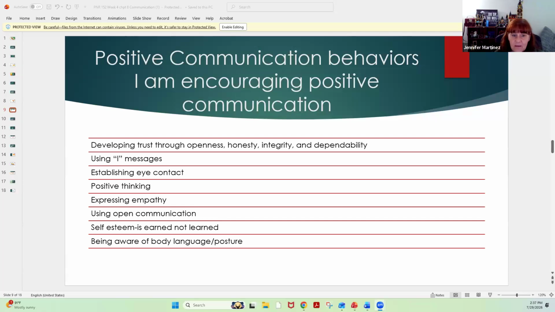Expressing empathy, and being very careful, you want to be empathetic, but you don't want to be sympathetic, okay? Empathy is being able to put yourself in their shoes and understand and appreciate what someone is going through, all right?